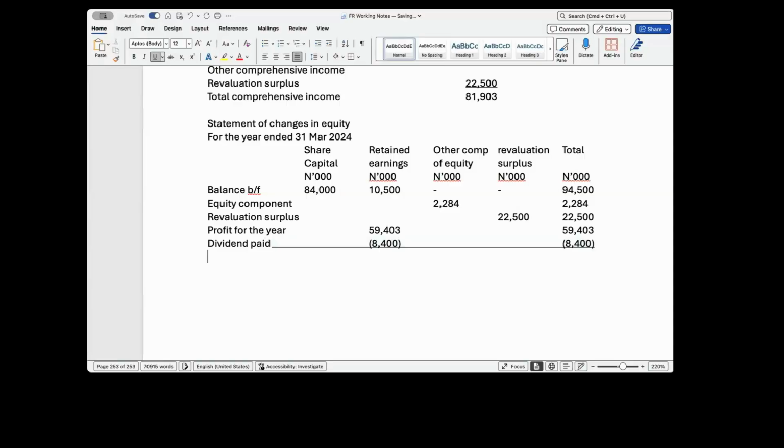So total. This is 84,000. So how much is this? 61,503. This is 2,284.